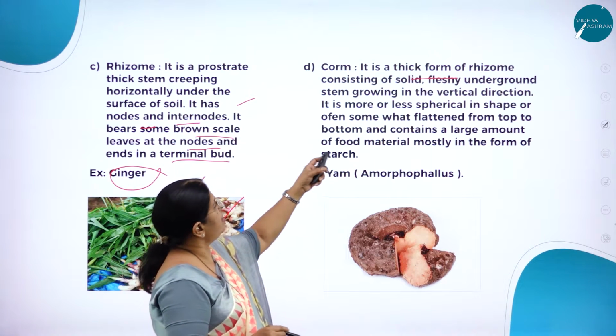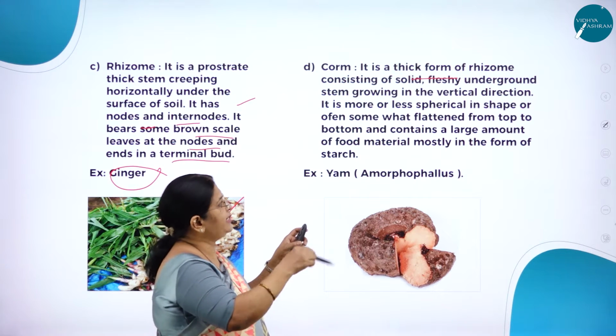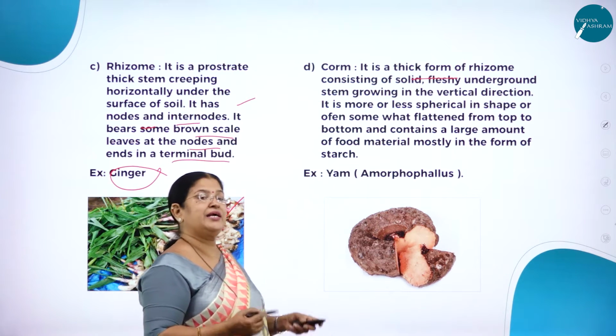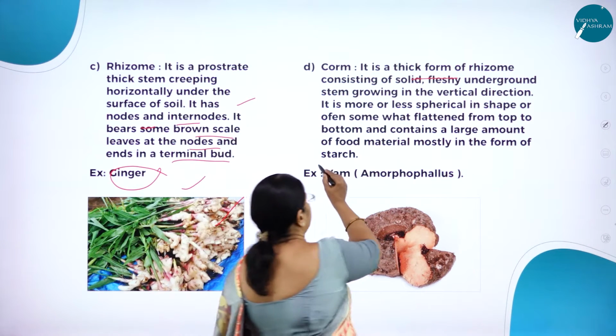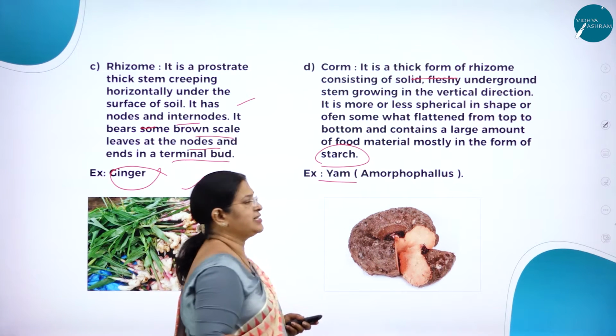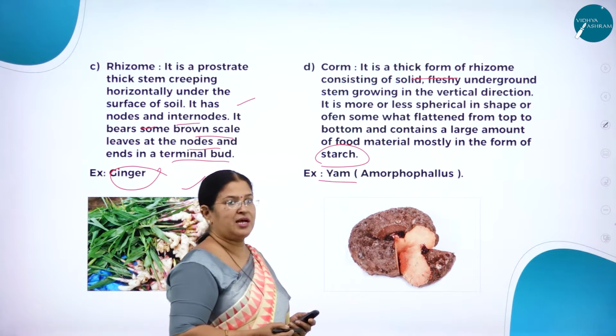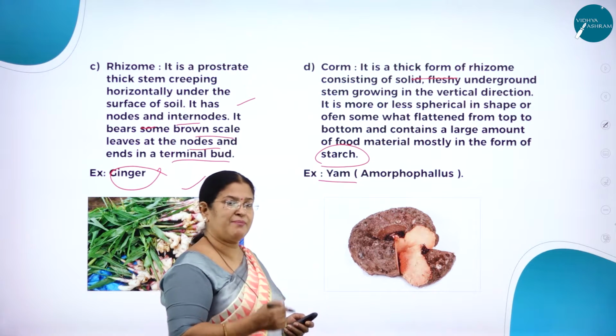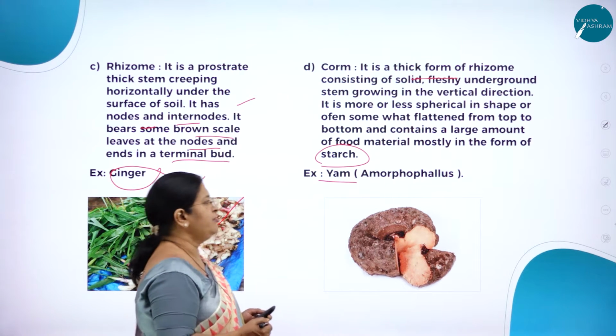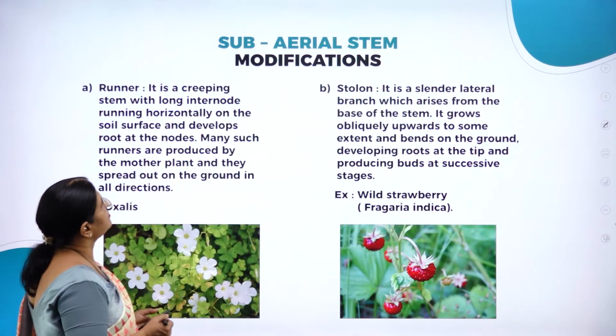Spherical in shape or often somewhat flattened from top to bottom, and contains what? A large amount of reserve food material in the form of what? In the form of starch. Classical example is what? Yam, that is Amorphophallus. These two are also classical examples where the stem has undergone modification for food storage.